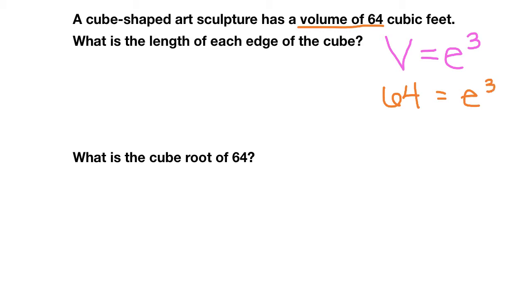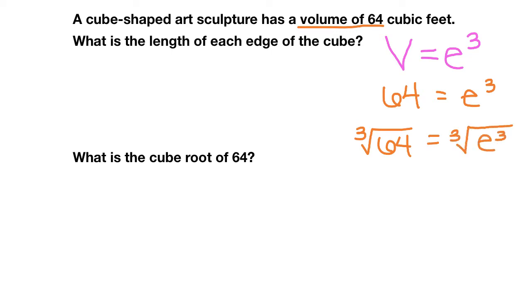I'm now going to solve this equation. In order to solve this equation, I need to get rid of the exponent 3. I'm going to use its inverse, the cube root. So I'm going to find the cube root of both sides. The cube root of 64 is equal to the cube root of e to the third power.